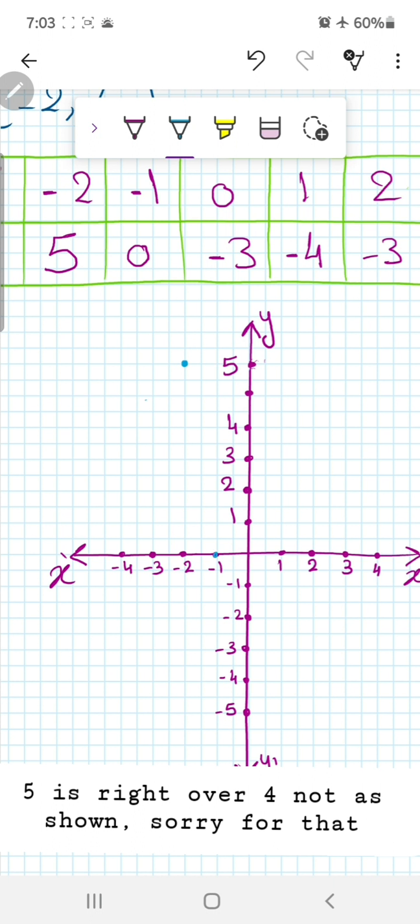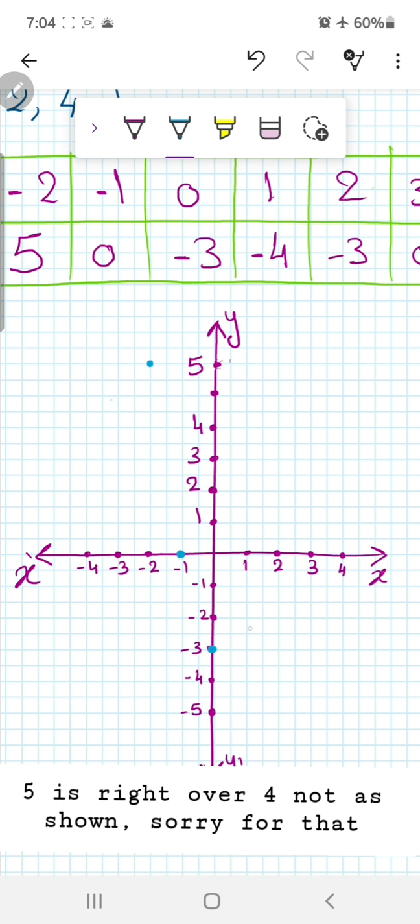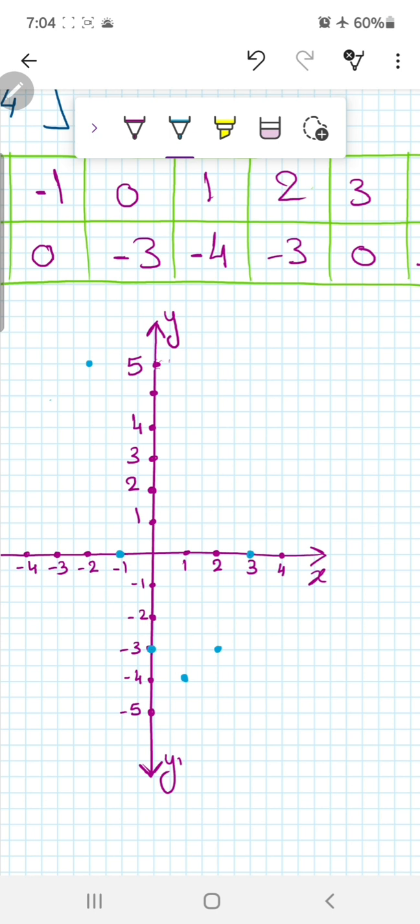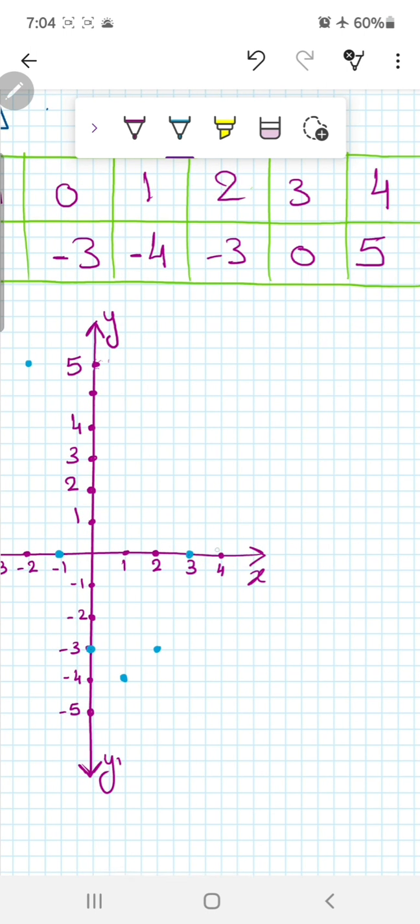Negative 1 in x and 0, we don't have a value of y, so the point will be here. 0 and negative 3, it will be here. 1 and negative 4. 2 and negative 3. 2 on the x-axis and negative 3 on the y-axis. 3 and 0. It will be here. And finally 4 and 5. So the point will be here.